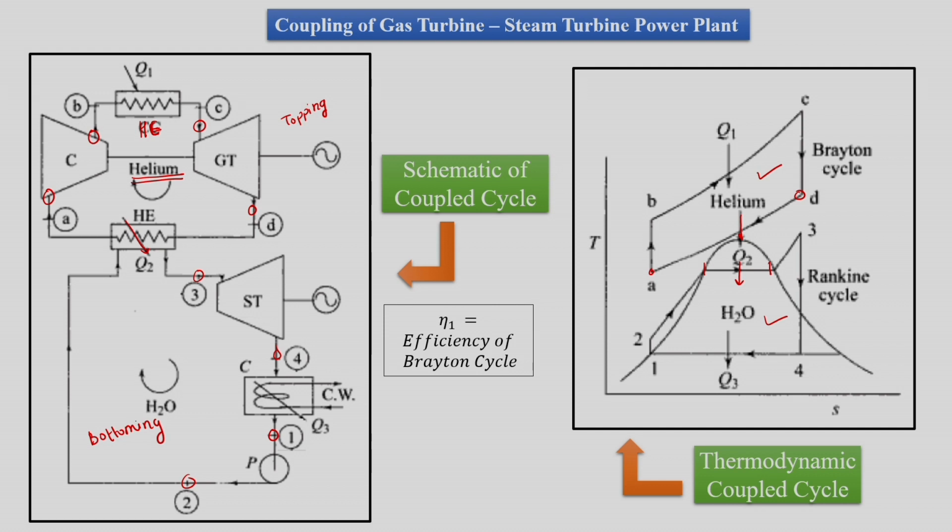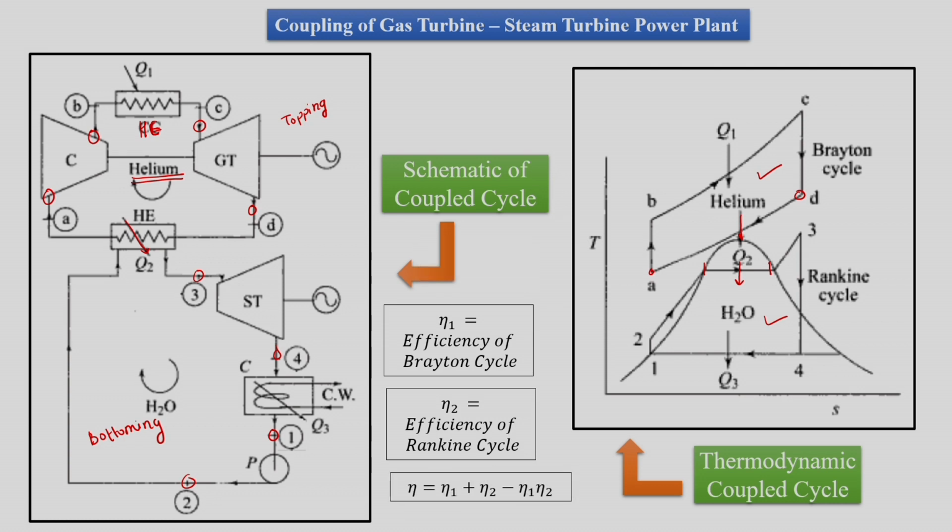If eta 1 is the efficiency of the Brayton cycle and eta 2 is the efficiency of the Rankine cycle, we proved that the efficiency of the combined cycle is eta 1 plus eta 2 minus eta 1 into eta 2, and this eta is greater than eta 1 and also greater than eta 2. We have proved this.